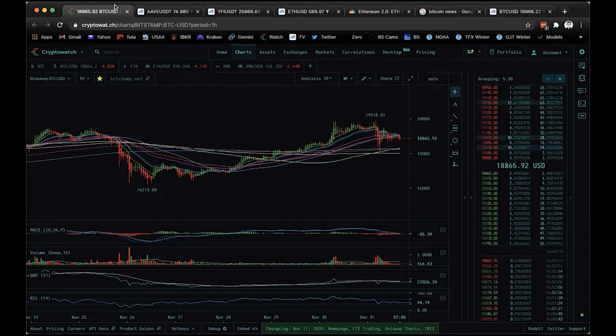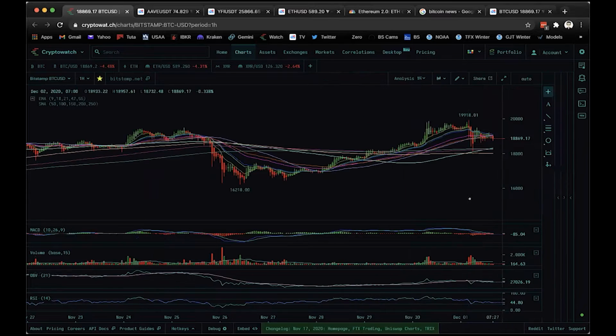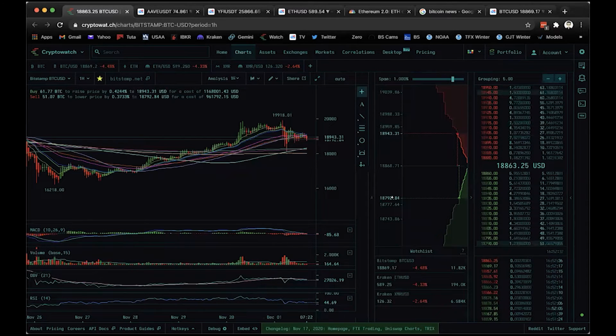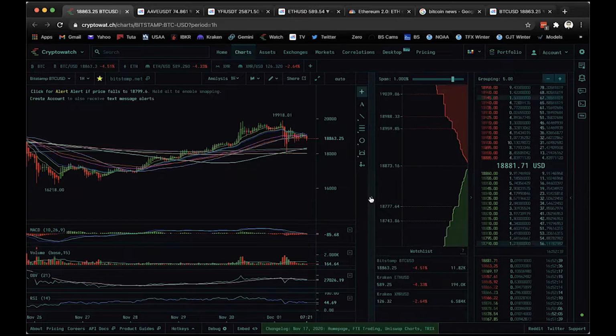I have a Crypto Watch chart up exactly like this somewhere at all times that I can view, and there's a couple other free sites that are easy to use, nice visually. They have order book representation here. There's some other functionality that you can add if you want to, like, here's the depth chart.